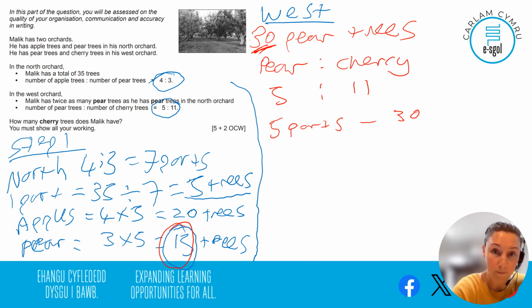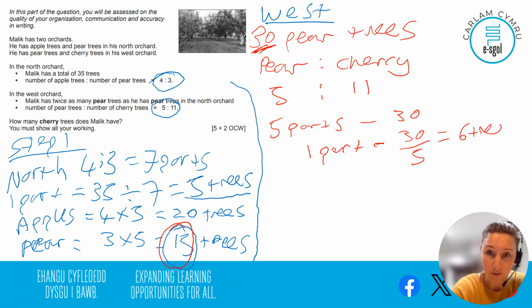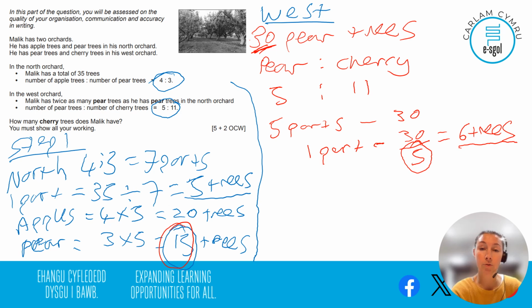So we'll work out what 1 part is. And that's 6 trees. So 5 parts is 30. That means 1 part will be 6. It's a simple working out where it goes on your times table. So that's 6 trees.